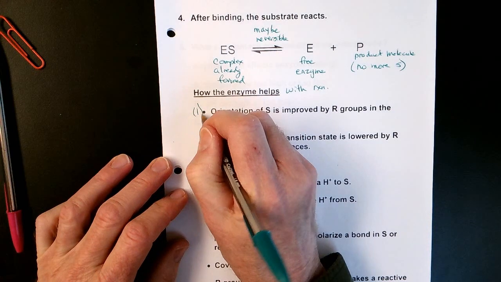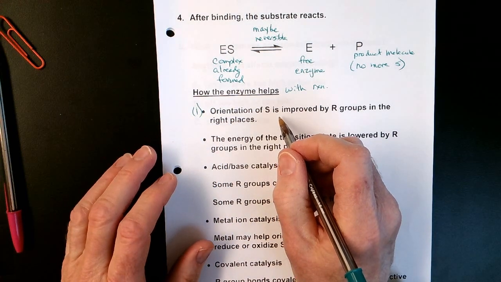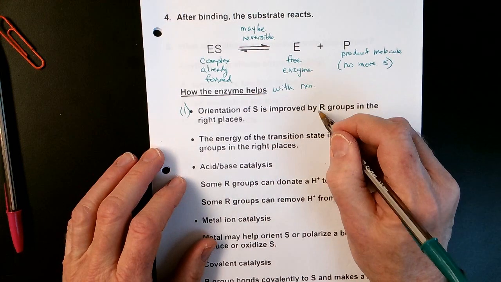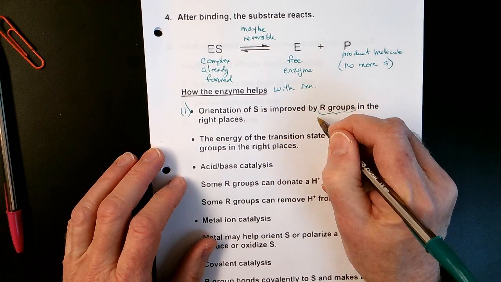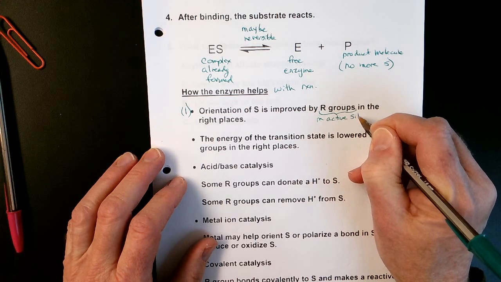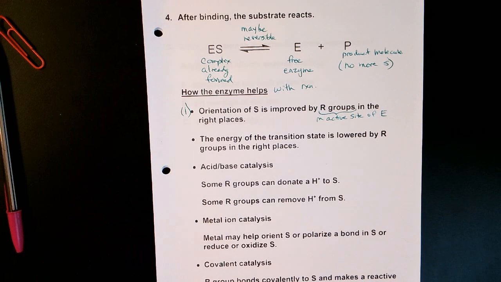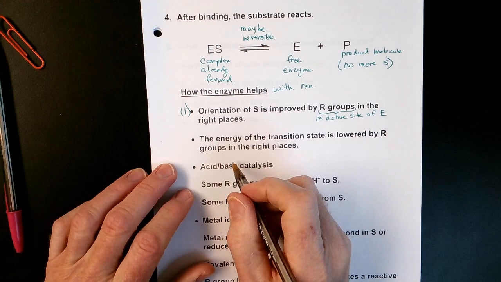Okay, so you can kind of number these. Here's the first one. The orientation of the substrate sure is a lot better thanks to the R groups, and remember, these are the ones that are right in the active site of the enzyme. So the substrate is probably sitting better to perform the actual reaction, let alone where it was to begin with.